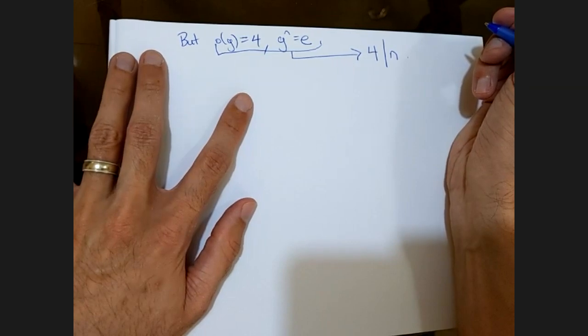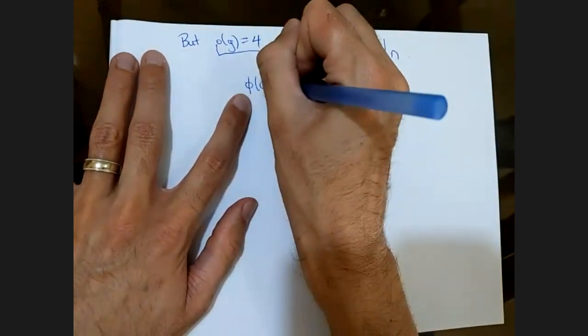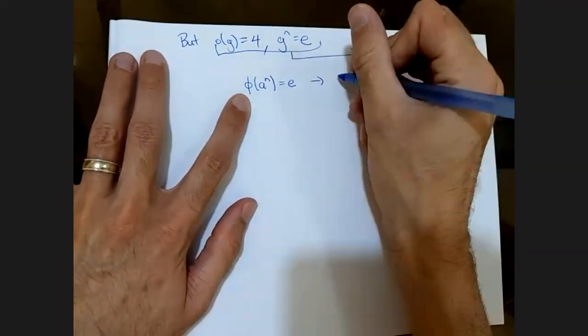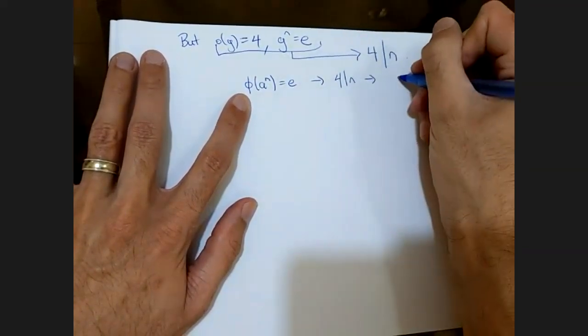In particular, if phi of A to the n equals the identity, that implies 4 divides n.